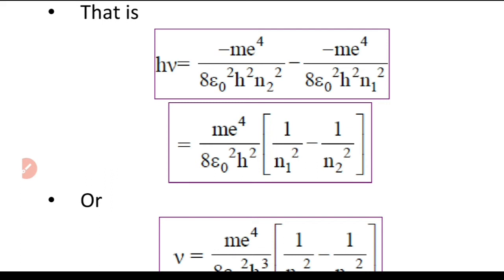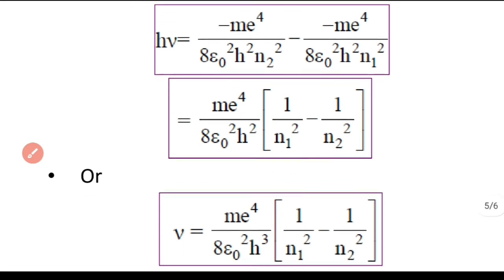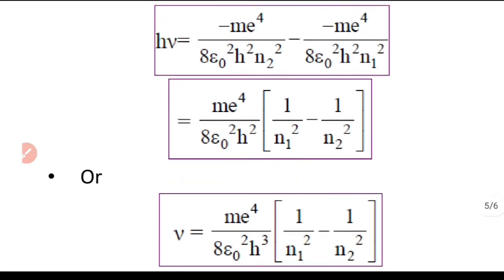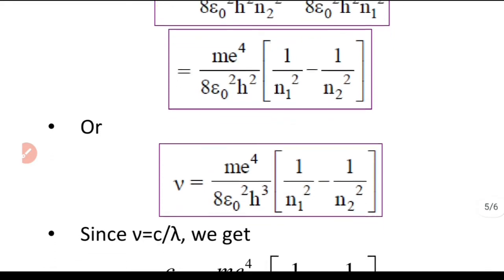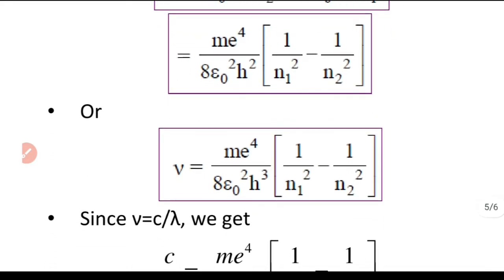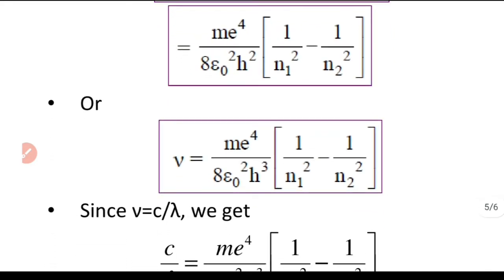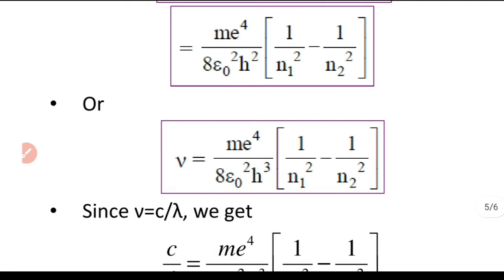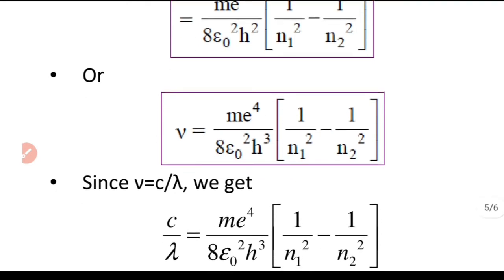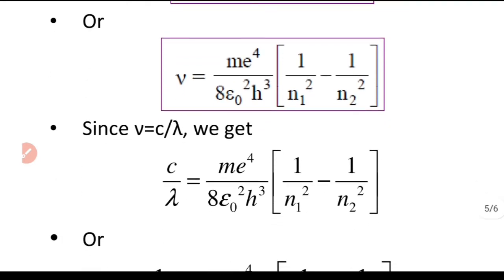So we have m e^4 by 8 epsilon 0 square h square into (1 by n1 square minus 1 by n2 square). The frequency becomes m e^4 by 8 epsilon 0 square h cube into (1 by n1 square minus 1 by n2 square).